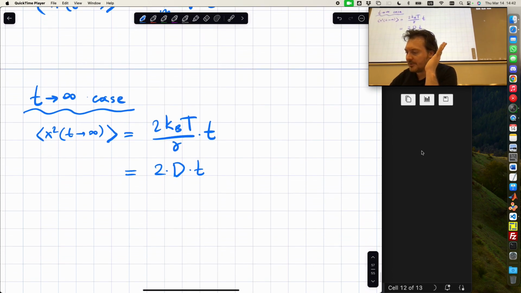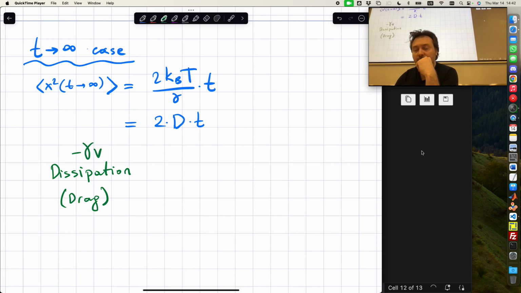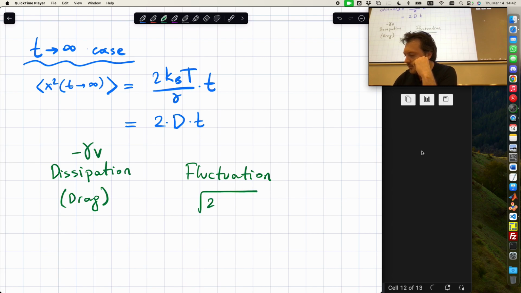So this whole chapter hopefully taught you about dissipation or drag, which is basically the minus gamma v term. Then there is fluctuation, which is the square root of 2 kBT gamma over delta t times a Gaussian.